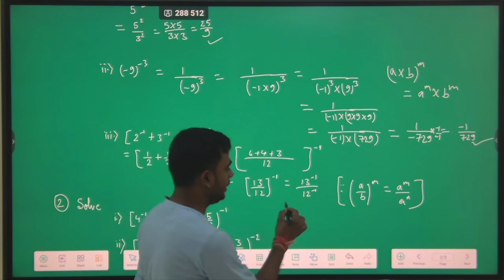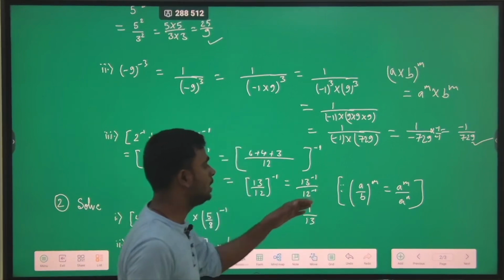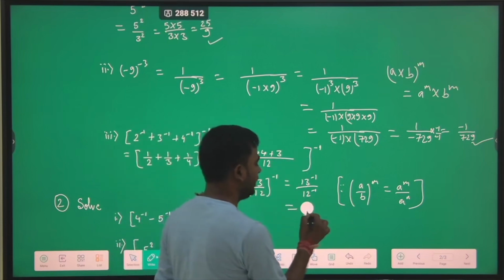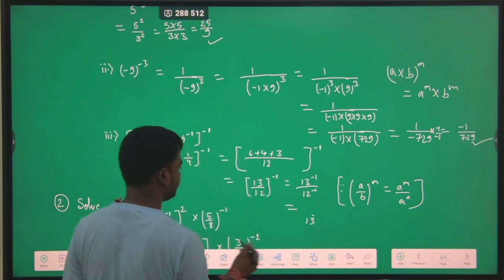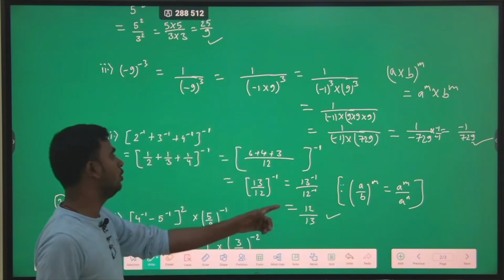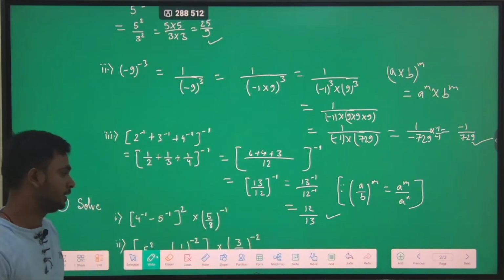So 13 inverse means 1 upon 13, and 12 inverse means 12 on the numerator. So it will be 12 upon 13. So the value of this exponential form will be 12 upon 13.